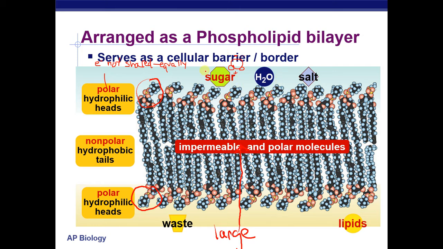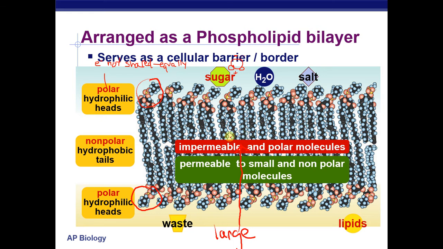So sugar is polar, so it can't cross. Water is polar, so it can't cross all by its own. Salt is polar, so it can't cross all on its own. But it is permeable to small and nonpolar molecules, like lipids, or like oxygen, or nitrogen, or carbon dioxide.